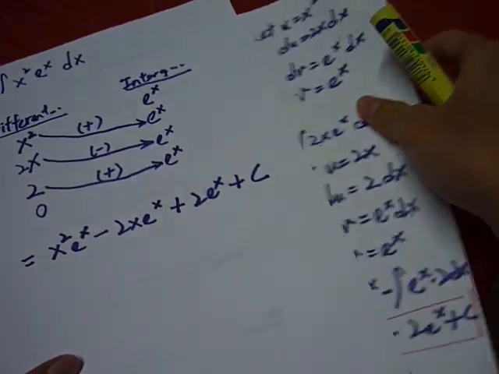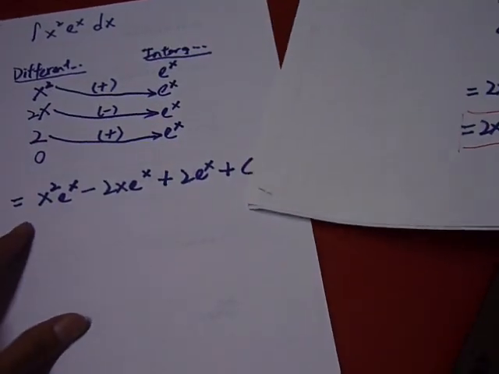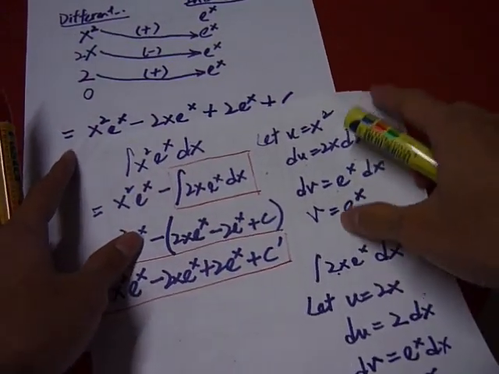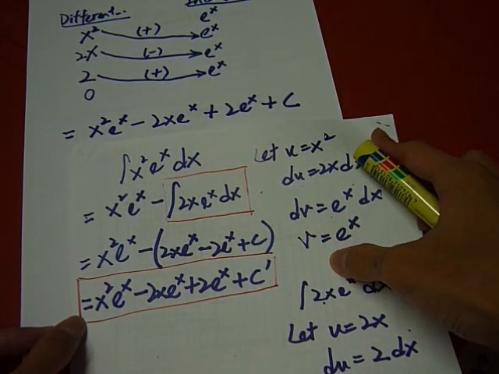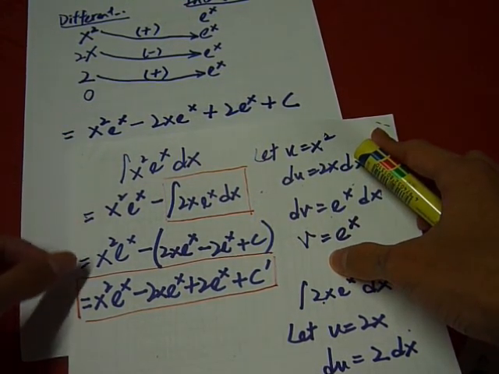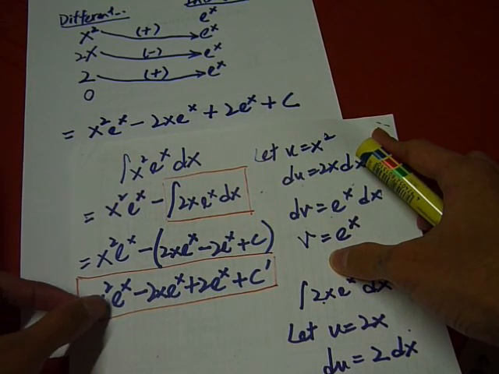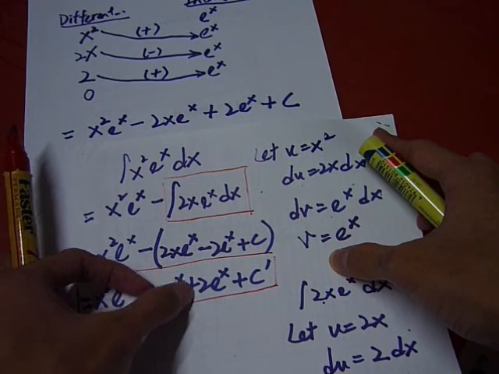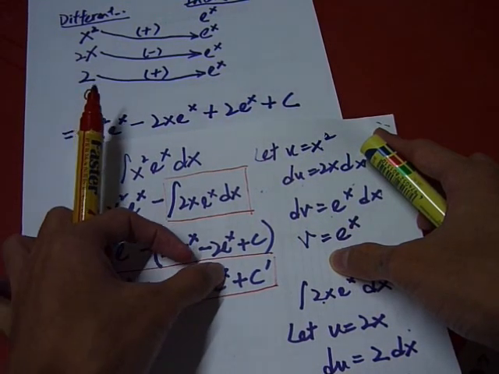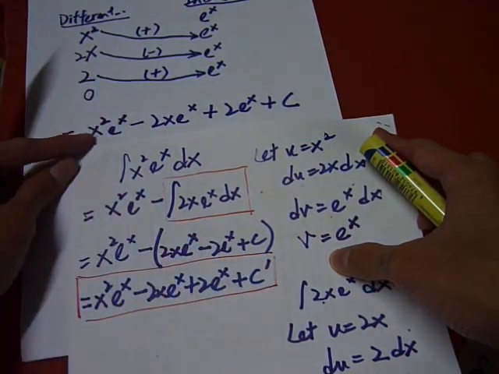And you can see that this answer is the same as the answer from the original way. x squared e^x minus 2x e^x plus 2e^x plus c, which is the same as this.